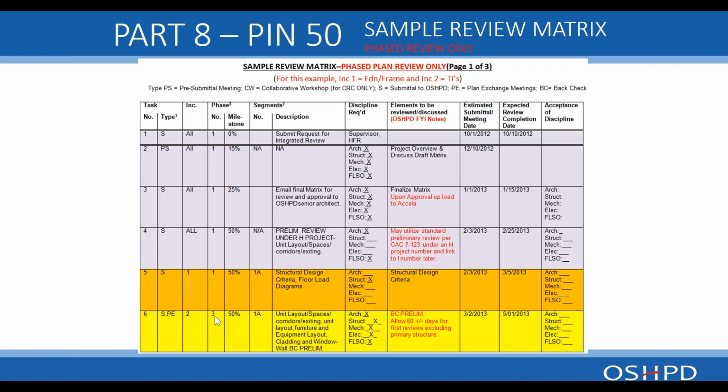Phase 3 is pre-implementation documents, so basically 50% CD, and they're submitting segments 1A, unit layout spaces. You'll note that here they're going to do a back check of the comments that were done in the preliminary review.